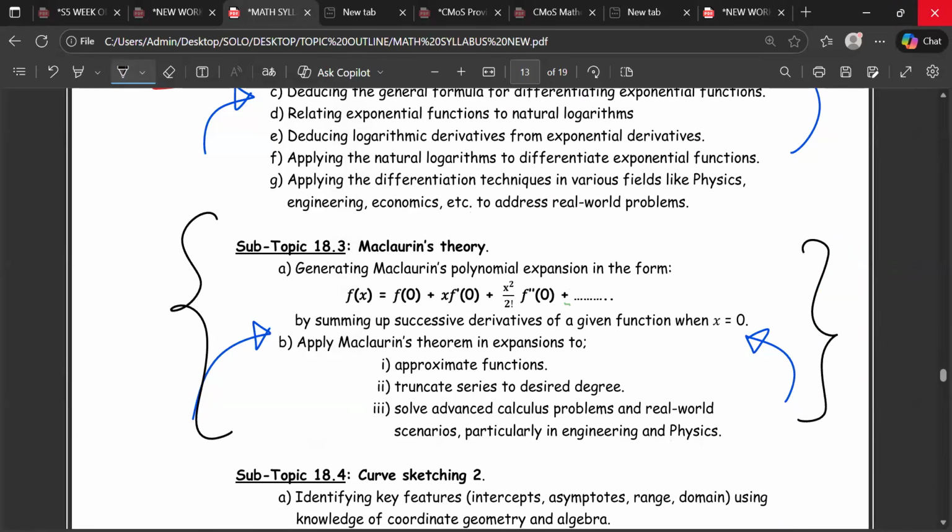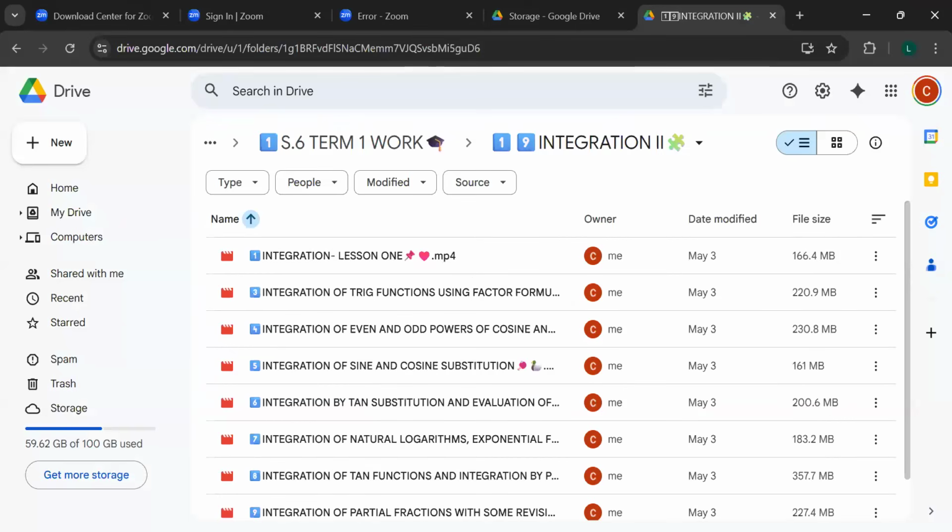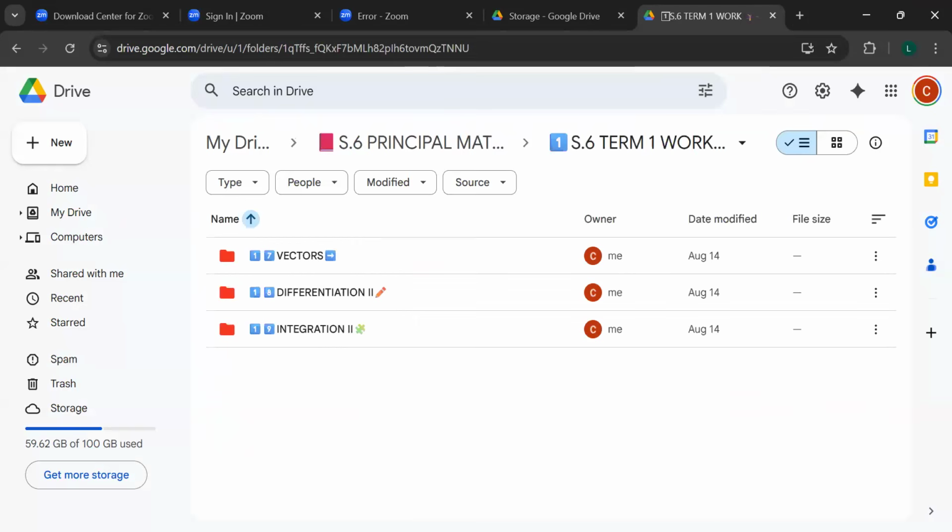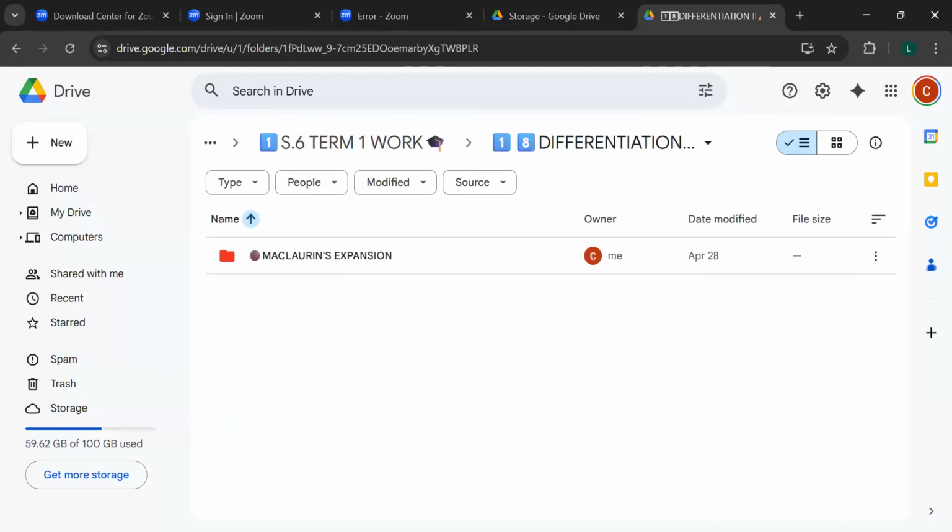And guess what? All of you look here. Maclaurin, remember I told you it is a senior 6 topic. So when I come here, differentiation 2. Are you seeing Maclaurin expansion? It is already there. It's either Maclaurin's theorem, theory, or expansion, or law. It is already there waiting for you.